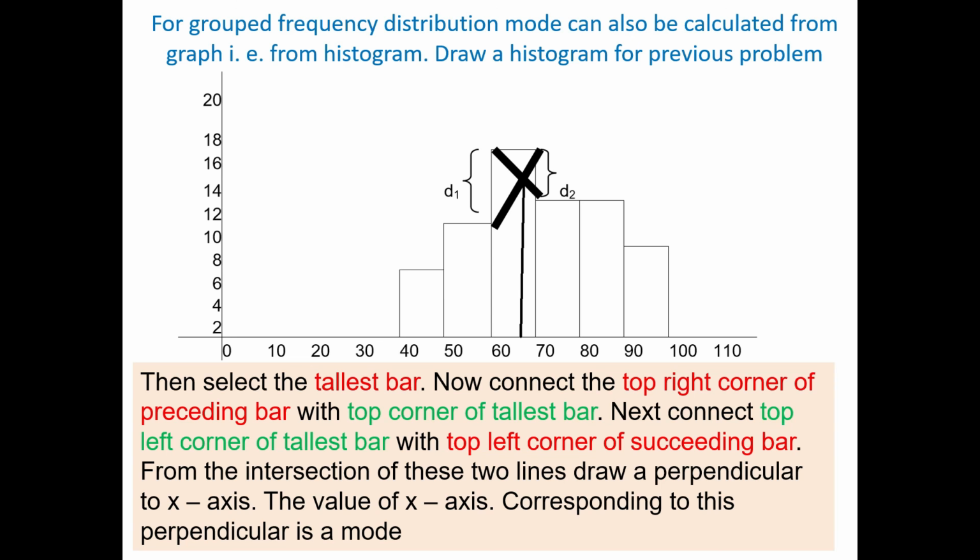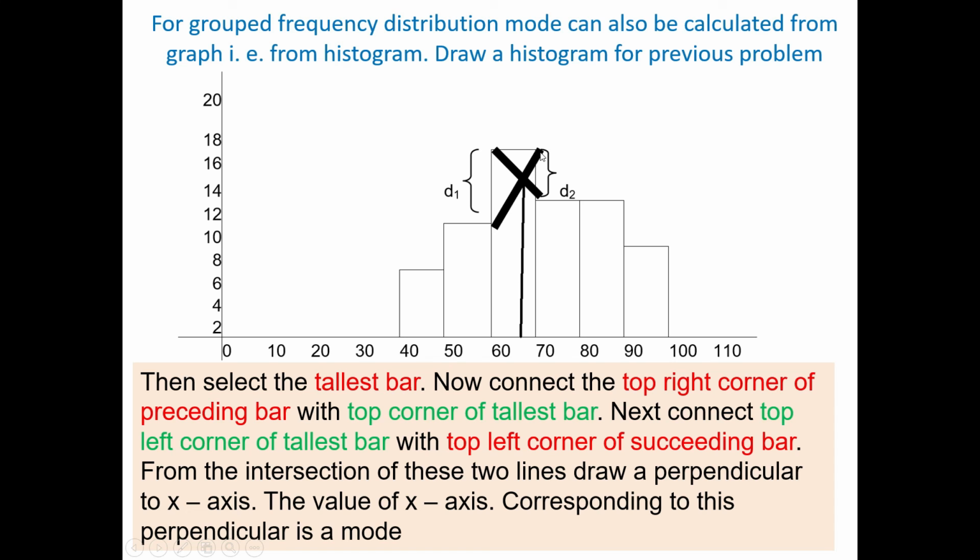For grouped frequency distribution, we can also calculate the mode from the histogram. Very easy. First of all, we draw the histogram. Then take the top corners of the tallest bar, the modal bar. Connect its top right corner with the top right corner of the preceding bar, and similarly its top left corner with the top left corner of the succeeding bar.